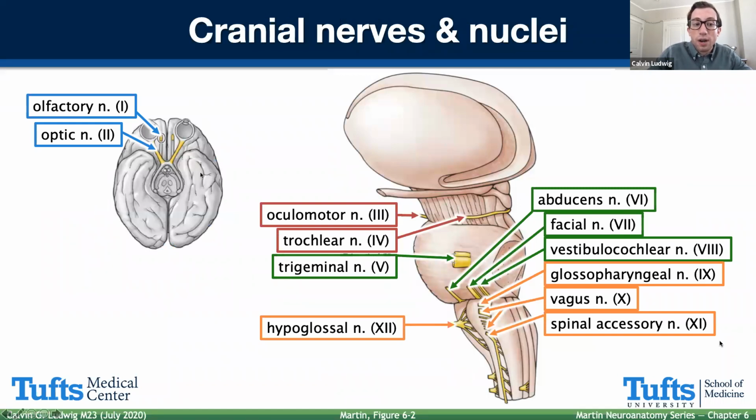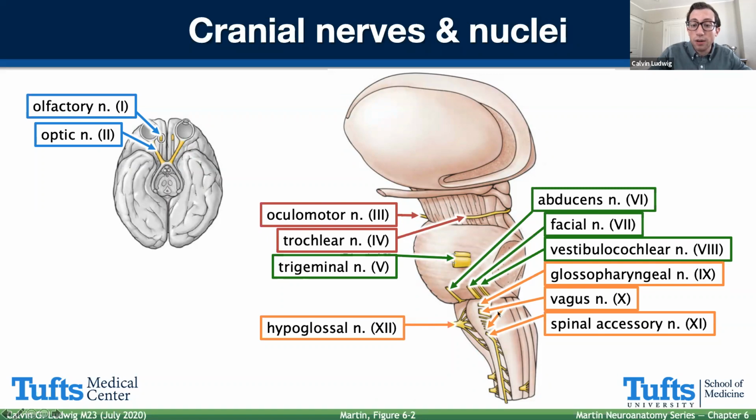So now to go into these a bit more, these blue ones, the olfactory and the optic nerves, are purely sensory. The olfactory nerve, which mediates the sense of smell, directly enters the cerebral hemisphere. The optic nerve for vision enters the thalamus.